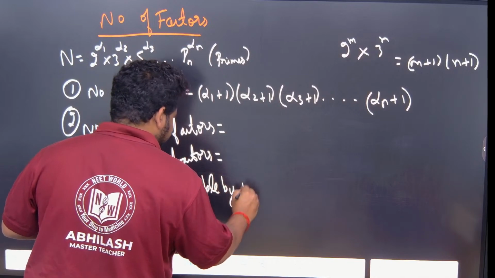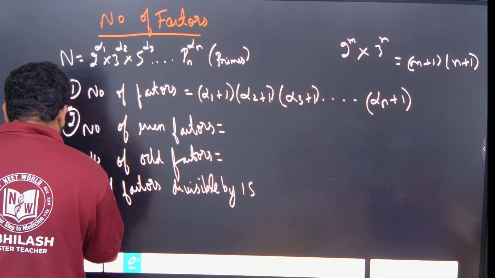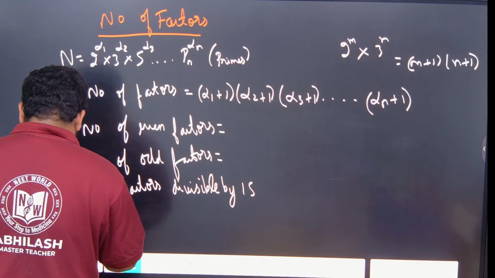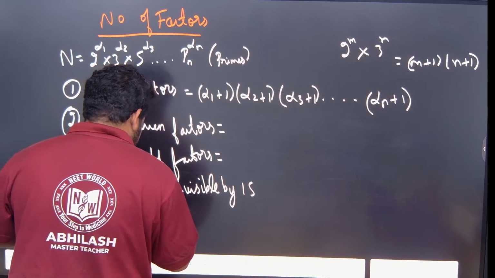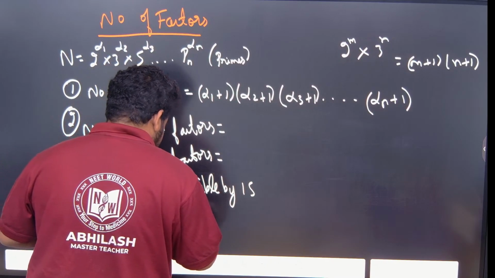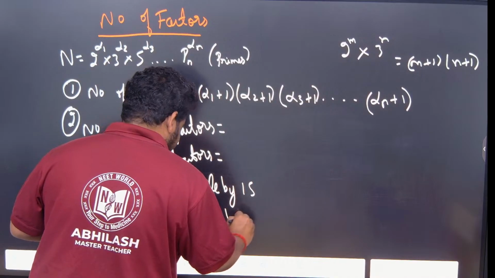For example, we will take 15. Then we will take number of factors divisible by, we will take 12. Okay.